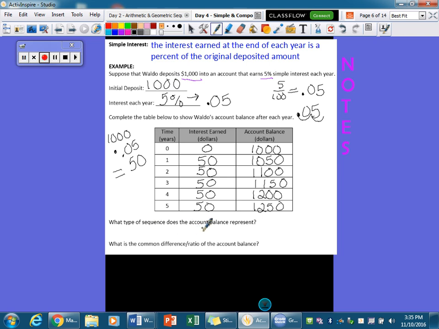Okay, so now we need to think about this. What type of sequence does the account balance represent? So remember our two sequences, arithmetic and geometric. Arithmetic is when we add the same amount each time, and geometric is when we multiply it each time. So when we had 1,000, we added 50 to it. All of these are increasing by 50. So plus 50. Between these two, plus 50. And so forth like that, plus 50.